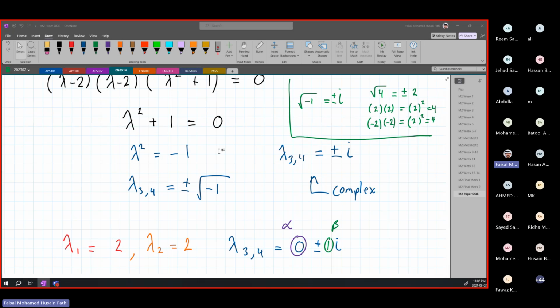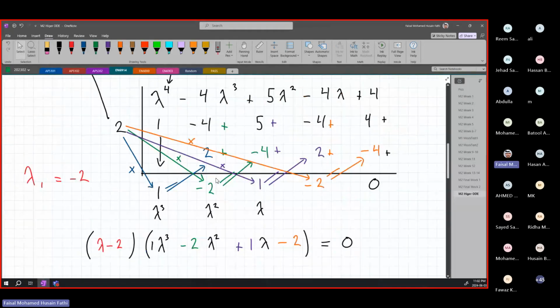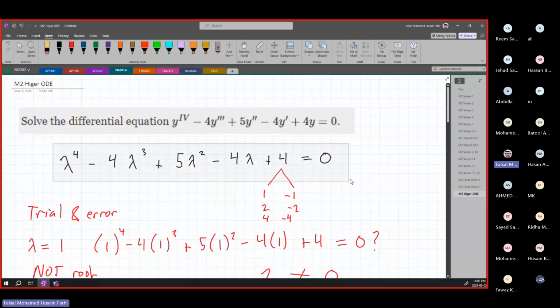So if lambda squared, when finding the roots, it has two roots. Yes, every time you have squared, you're going to have two roots. Look, here, this equation has 4 roots. Why? Because we have power 4. So when we have power 4, this entire differential equation, or in this case, this algebraic equation, is going to have 4 roots.